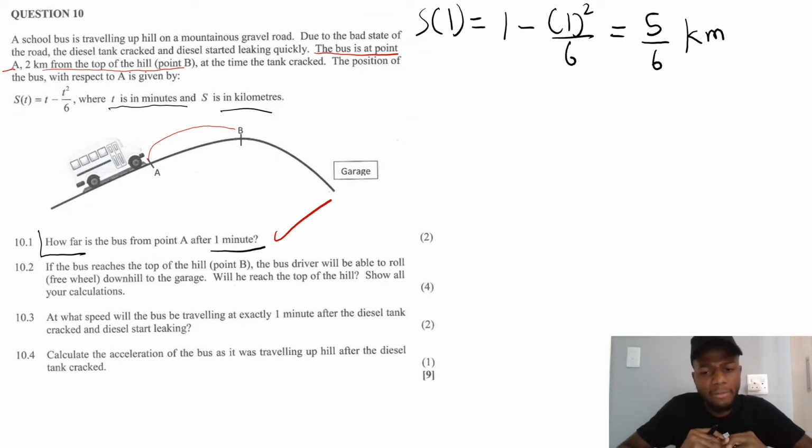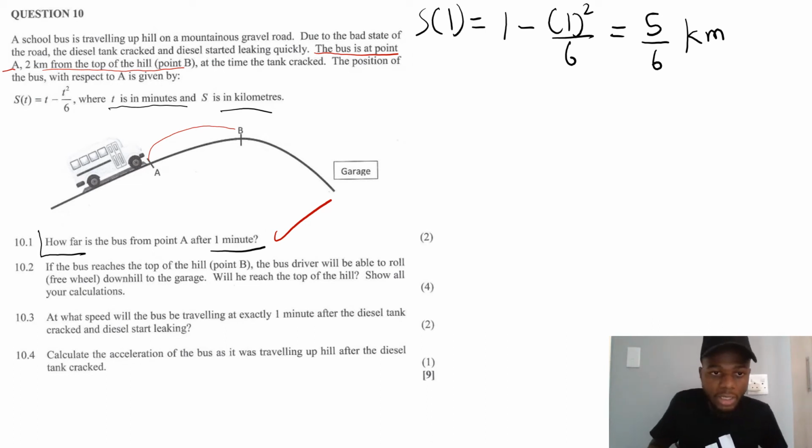If we find our length is above 2 kilometers, it means the bus is going to reach the top of the hill. But if we find it's below 2 kilometers, it means our bus will not reach the top of the hill, because we've been given the distance is 2 kilometers. So we need to find how far this bus is going to travel. That's our job. So let's check.